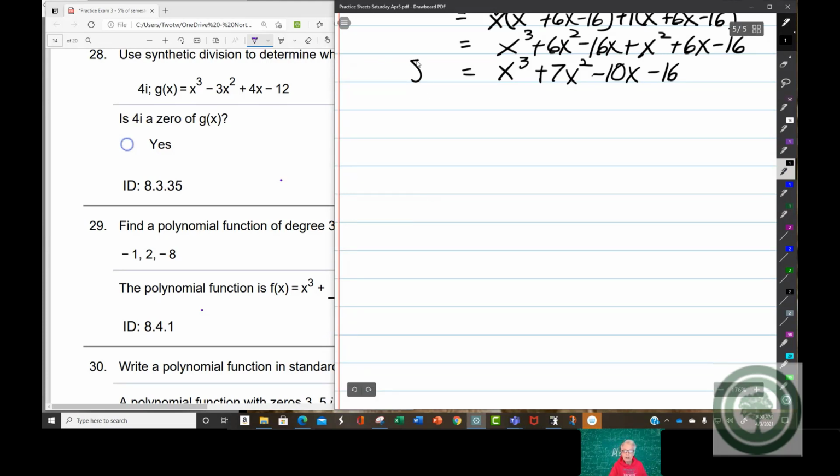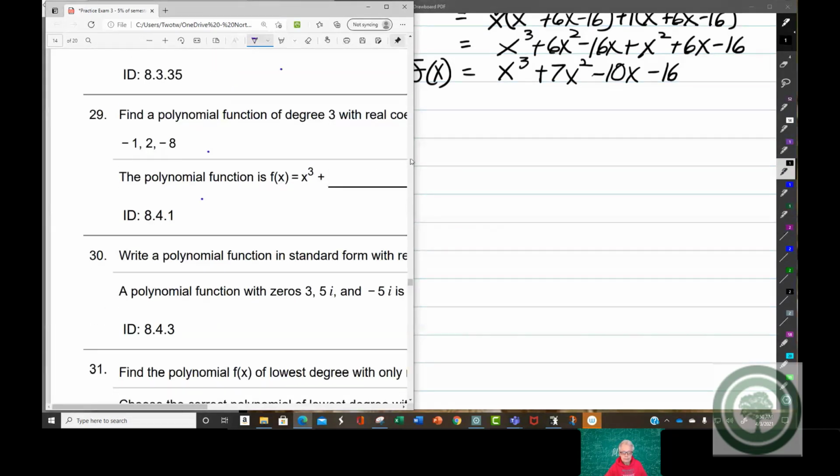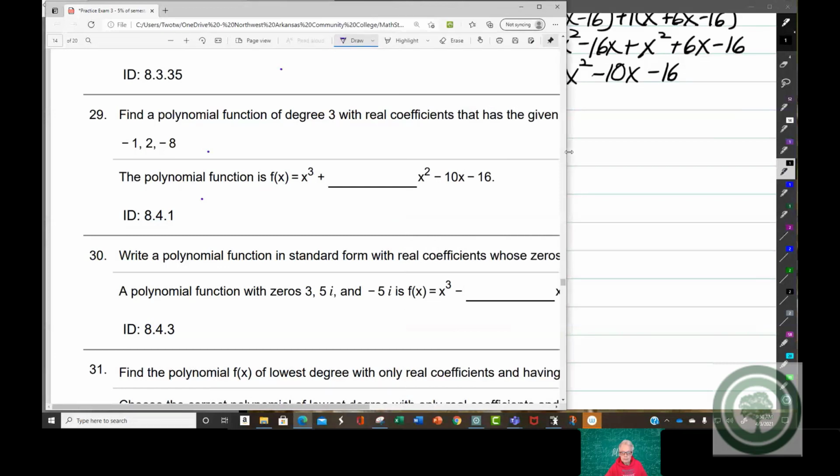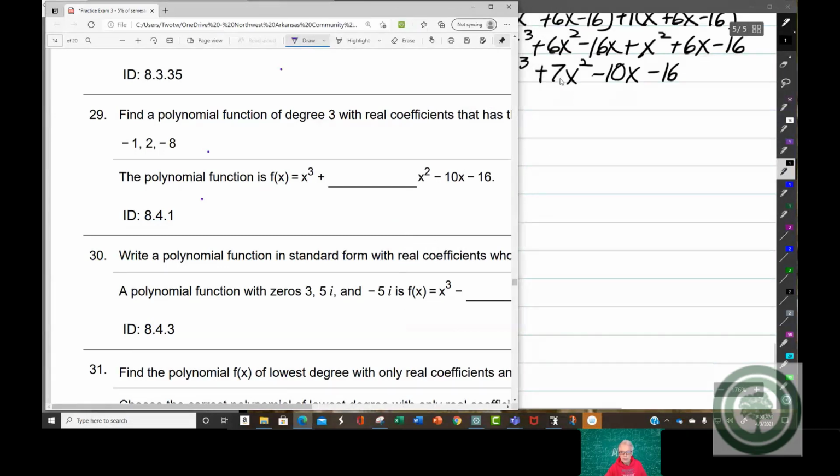And that's what your polynomial equals. And here, what you would fill in right here would just be the coefficient of the x squared. 7.